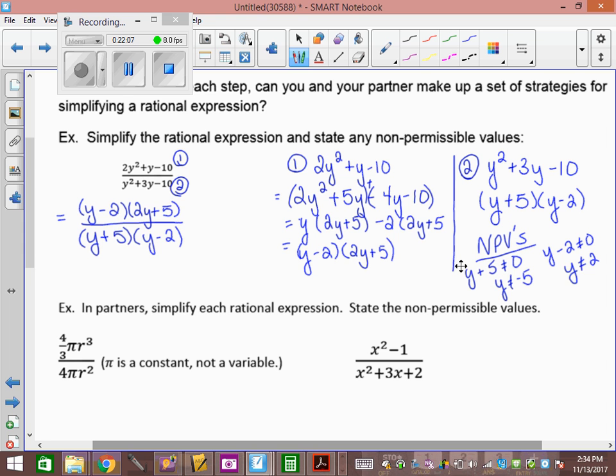Now we can cross these off, y minus 2 and y minus 2. You cannot cross off the y plus 5 with the y plus 5 from the 2y plus 5. Bad. 2y plus 5 is only going somewhere if there is a 2y plus 5 in the denominator. Is there?